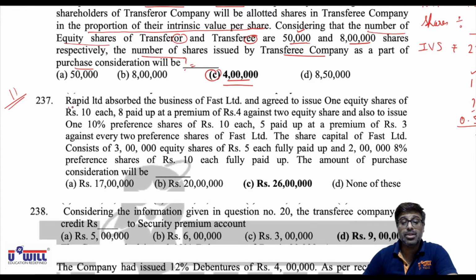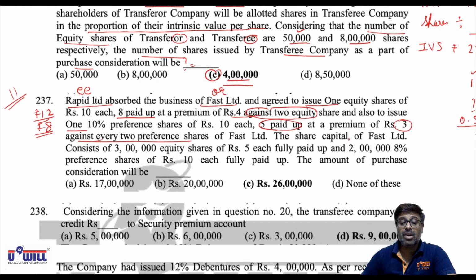Fast goes into liquidation, that is the transferor company, and Rapid is the transferee company, and agreed to issue one equity share of rupees 10 each, 8 paid up at a premium of 4, so 12 will be the value, against 2 equity shares, and also to issue 10% preference shares of 10 each, 5 paid up at a premium of 3, so 5 plus 3, 8 will be the agreed value, against every 2 shares of Fast Limited.